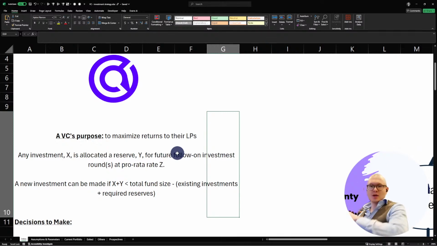Besides that, either way, the limited partners provide money to the fund that's available to be invested by a venture capital, and they are not going to be very happy unless they make a return on that investment. So we at least have to try and beat the stock market, say, if we were to follow any kind of Fortune 500 index, for example. But that's the long and short of it.